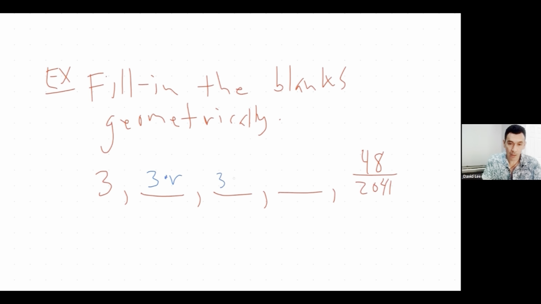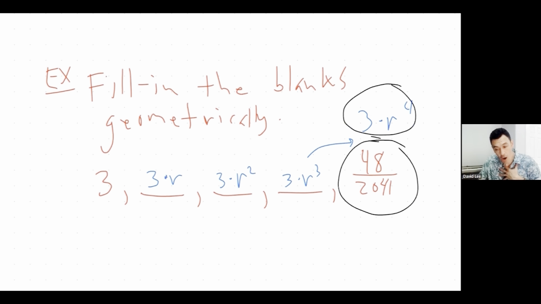To go to the next spot, you go 3 times r and then r again, so 3r squared. The next one would be 3 times r to the third, and then for the next one, 3 times r to the 4. However, there's already something occupying this last spot. So what you do is you set them equal to each other. That's going to tell us r. Once we know r, we can go back and fill in all of the blanks.